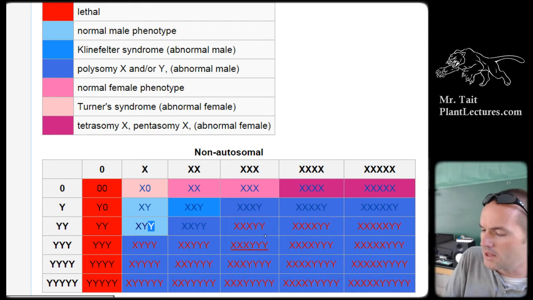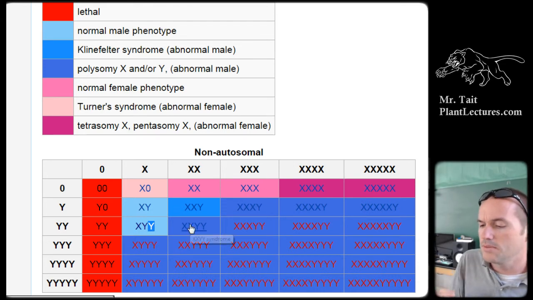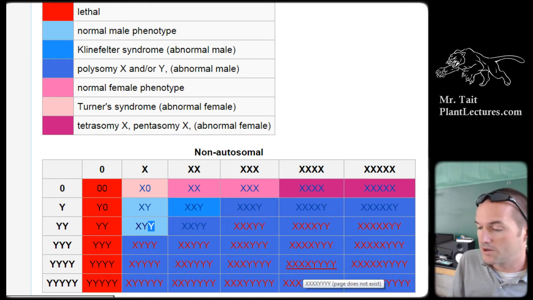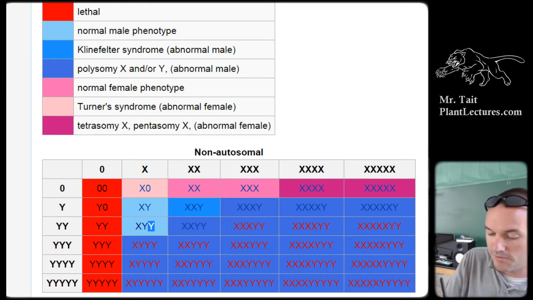Okay. Then there's some other things in here, Klinefelter syndrome. These are the ones that are mostly survivable. Trisomies of the sex chromosome are relatively non-lethal, whereas trisomies of non-sex chromosomes tend to be very, very lethal.